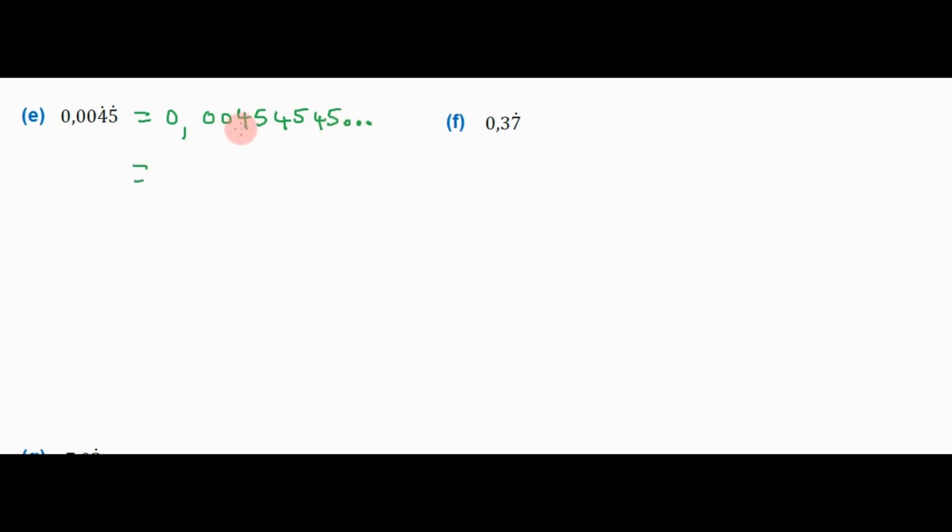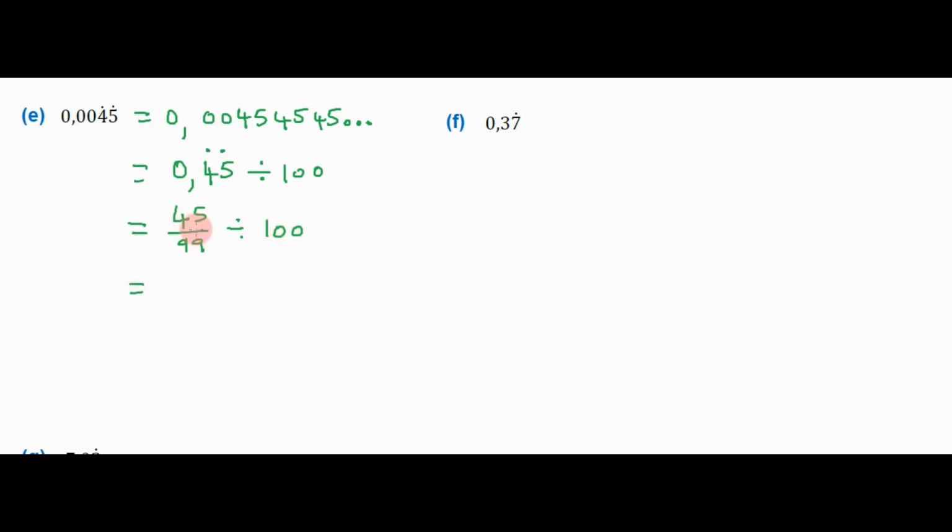Once again, we want the digits that are recurring to be directly behind the comma. So we can rewrite it as 0.45 recurring, but now divided by 100. We have 2 digits behind the comma recurring, so it's 45 divided by 2 nines, 99, and then divided by 100 still.